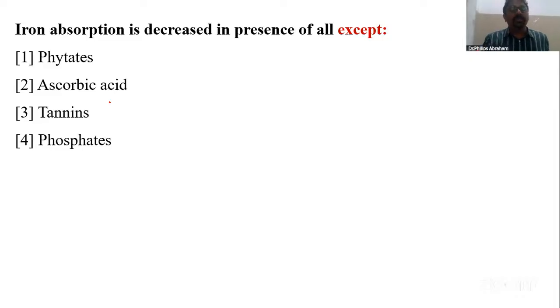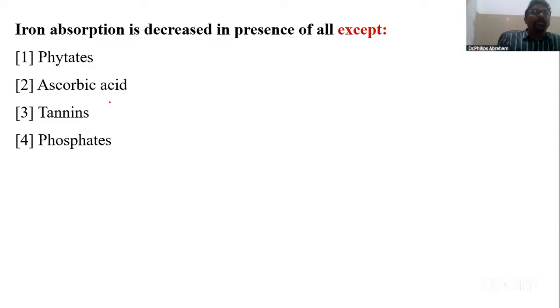Okay. Now about absorption, some compounds in the daily food will inhibit the absorption of iron. Phytate, tannin, phosphate, and lead can decrease the absorption.